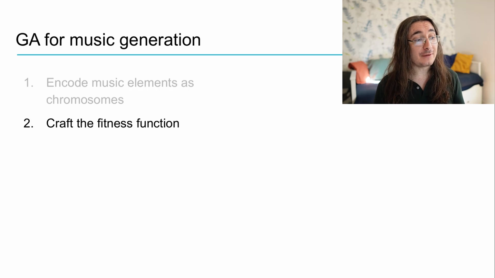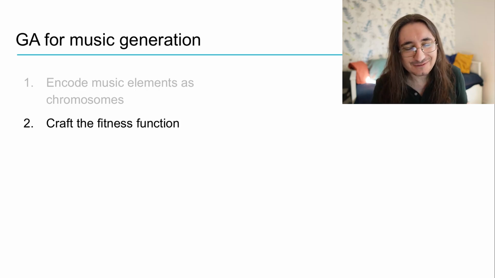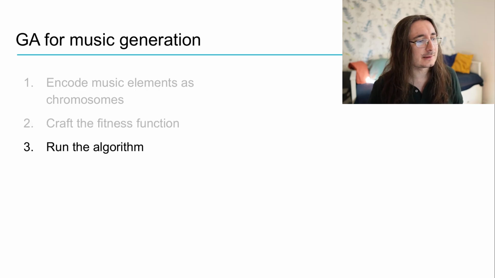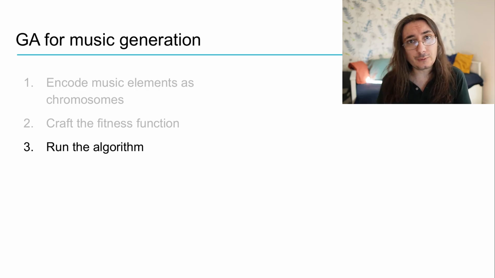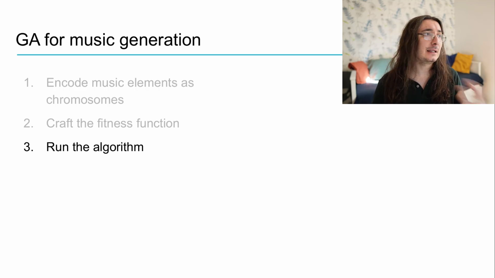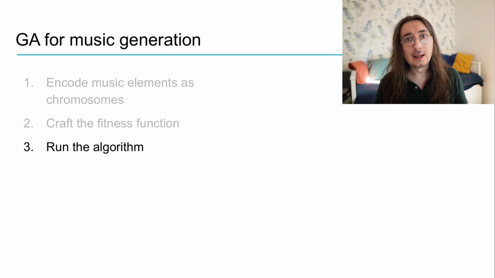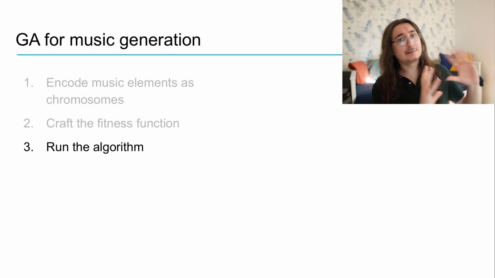Then we have to craft a music fitness function. We'll see how we can do this, but I have to admit that this is a tough process. And finally, you just run the algorithm. You, of course, have to design the algorithm in the sense that you have to decide what type of crossover to use, what type of selection, what type of mutation. But, I mean, the algorithm is the algorithm.